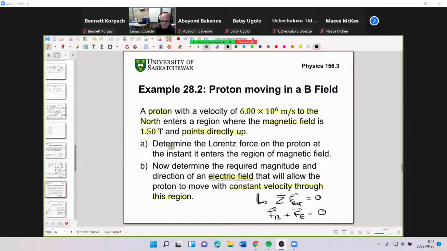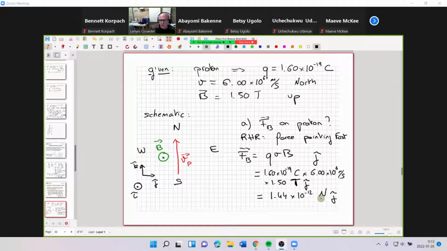So it's a follow-up of question A. We tell you that we need an electric field of a magnitude we will have to calculate and a direction we have to find out, that will allow the proton to move with constant velocity through this region. In question A, we calculated that the proton will feel a force pushing to the east, along J hat.